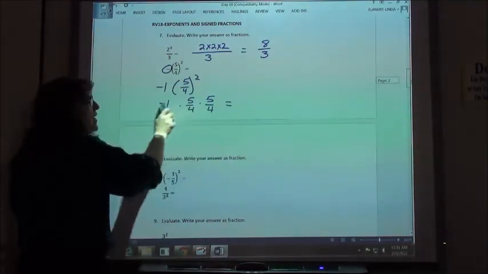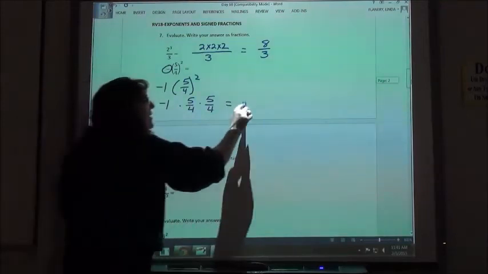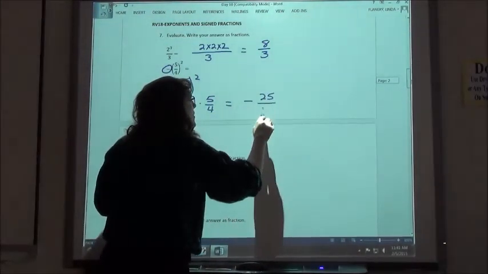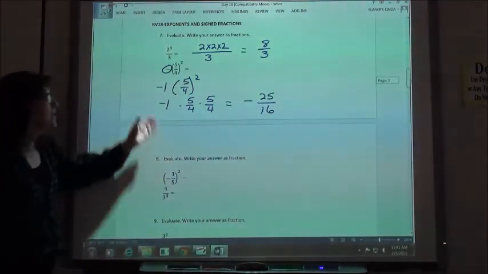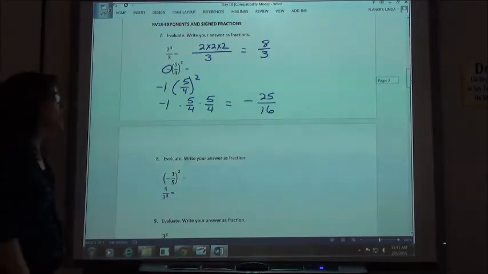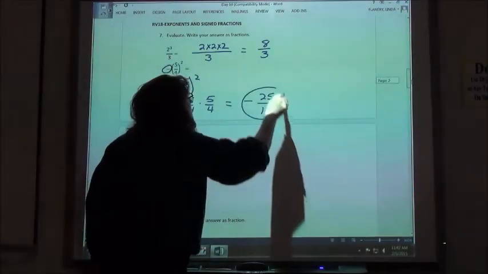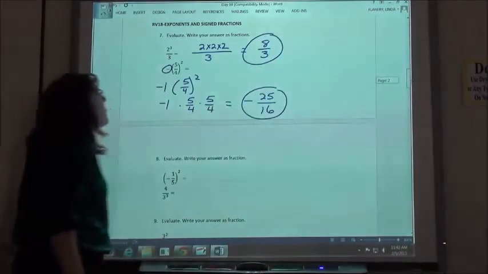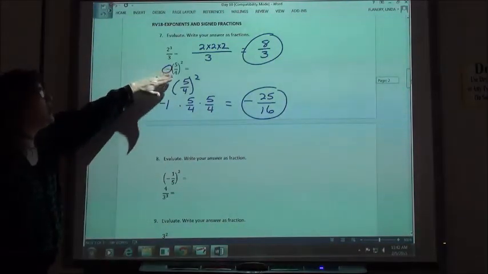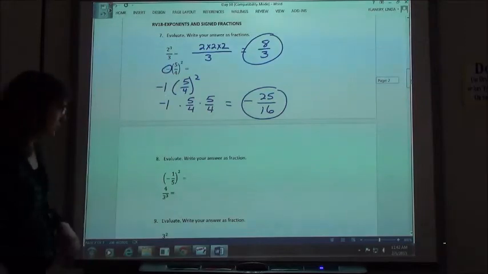This is going to give me a negative answer since there's only one negative sign. 5 times 5 is 25, and 4 times 4 is 16, because I know 1 times anything stays the same thing. So I'm going to end up with negative 25/16 for my answer. And again, if you're checking it with your calculator, punch it in just like it looks.